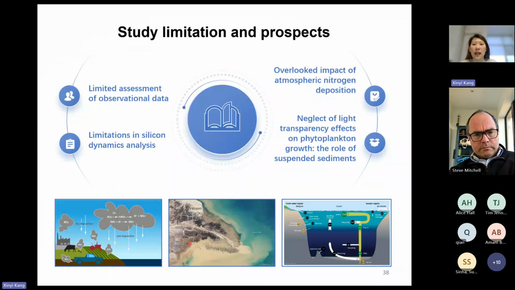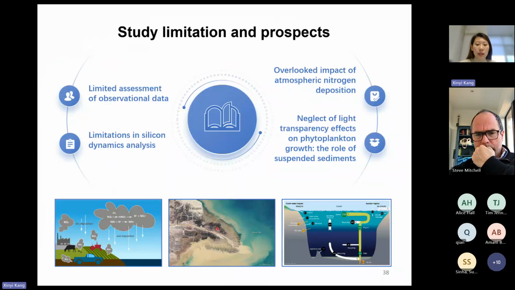And moreover, for Bohai Sea, atmospheric nitrogen deposition is also a great source of nitrogen. But due to the model setting and limited observed data, we haven't included it in our model.